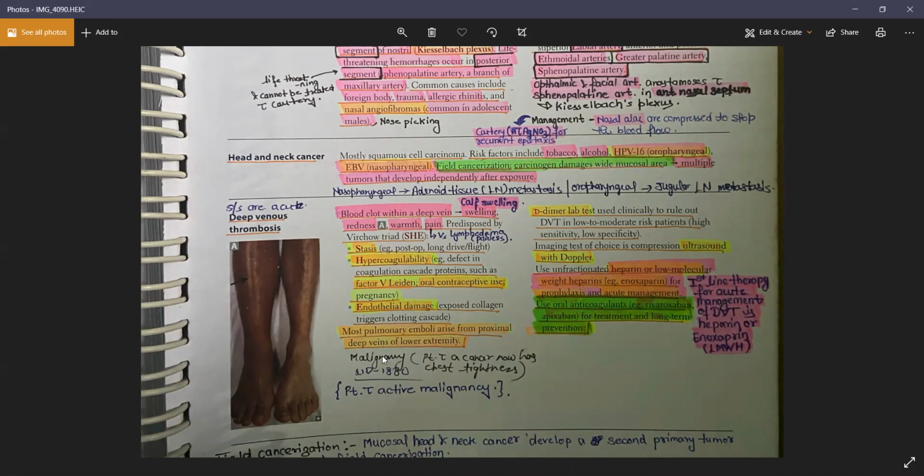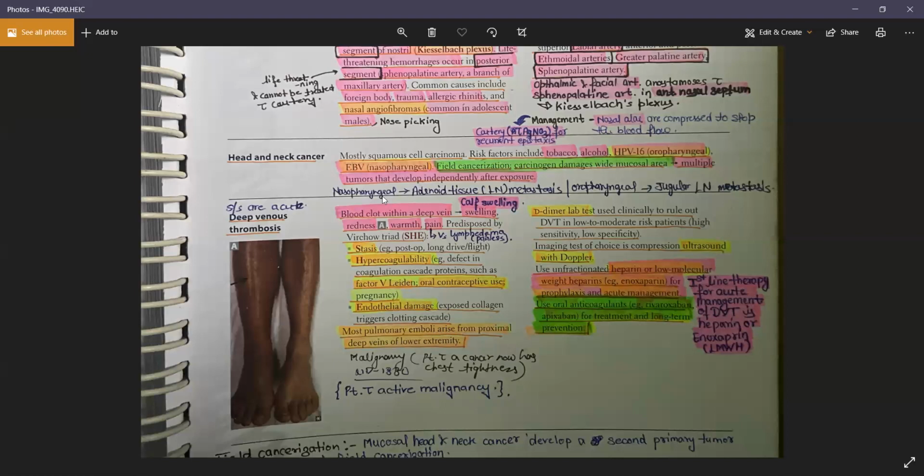A classical case could be a patient with cancer who suddenly starts having chest pain, and finally the patient dies. So Step 1 will ask you why the patient died suddenly because of this cancer. The answer is the deep vein thrombosis caused by the hypercoagulable state induced by the malignancy, okay?